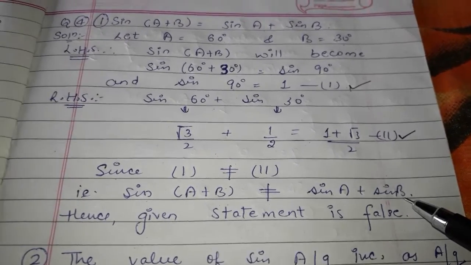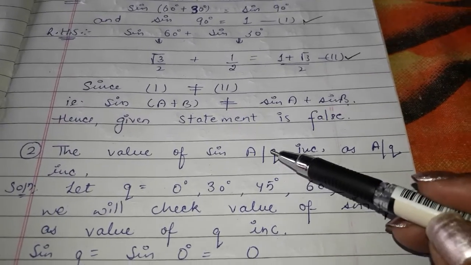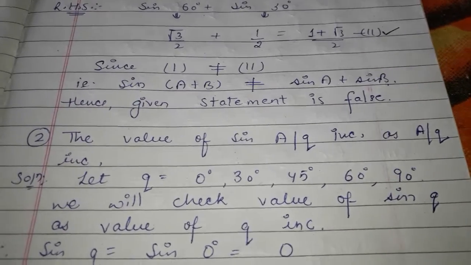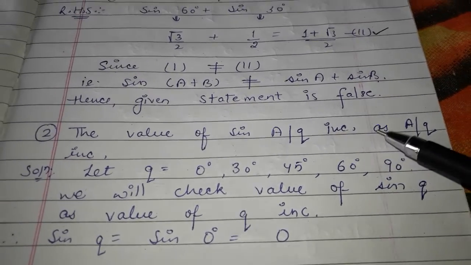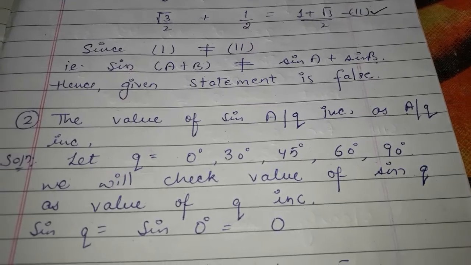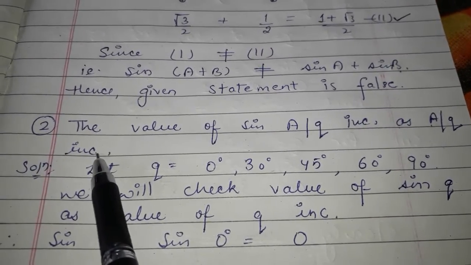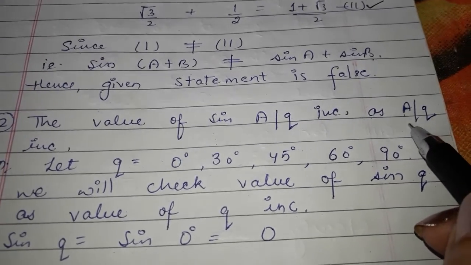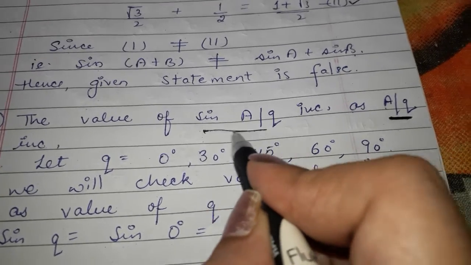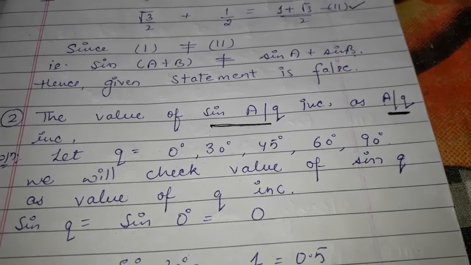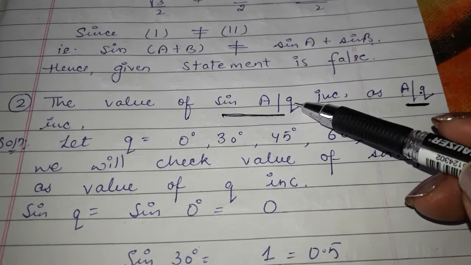Okay, then the next part of the fourth question is about the value of sin A, or you can say sin Q, or sin theta. The statement is that as the value of the variable increases, the value of sin theta, let's say sin Q, also increases.